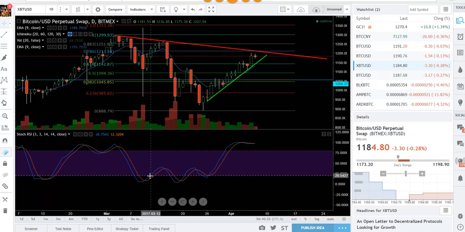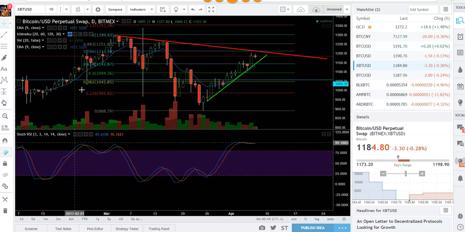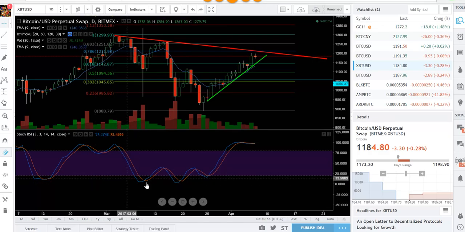Until right about here, then it crossed, and we got a little bit of a run. So you'll see that most of the time the price will move with the direction of the strength indicator. If it doesn't, and you have a situation where the price is continuing up but the oscillation is going down, then that's called divergence. Most of the time, the price will wind up actually following the strength.